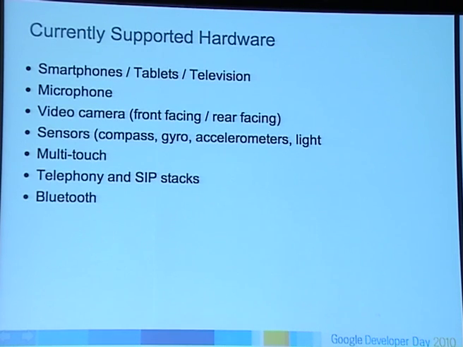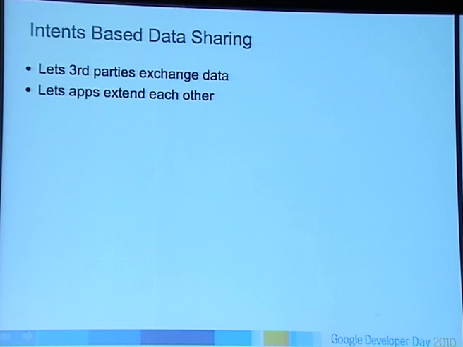So right now, this is the kind of hardware that you're able to develop for using native SDKs. You can use video cameras, sensors, multi-touch support, telephony, Bluetooth, microphone. All of this is available today without having to wait for any further standards to be developed. One of the things beyond hardware, which I think is really exciting, is the ability for your apps to be able to pass information between each other.